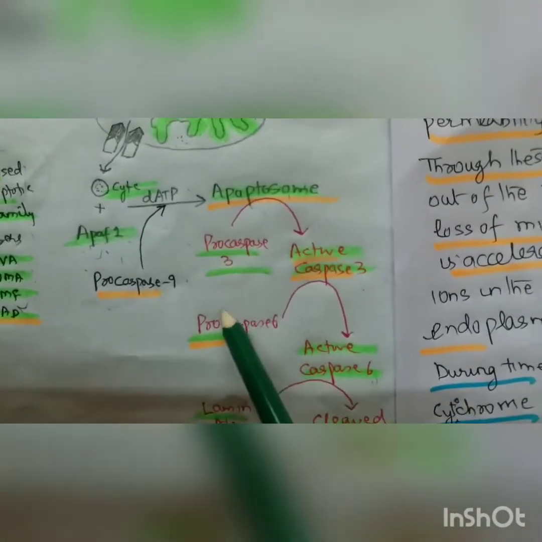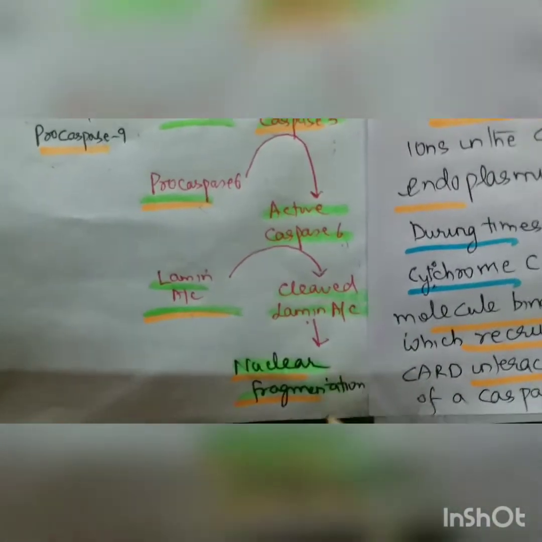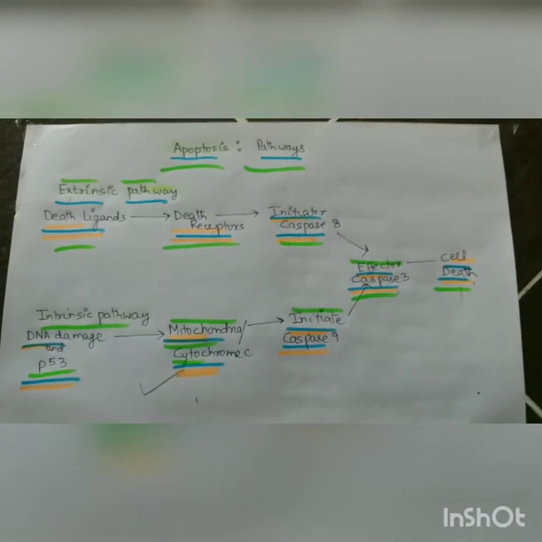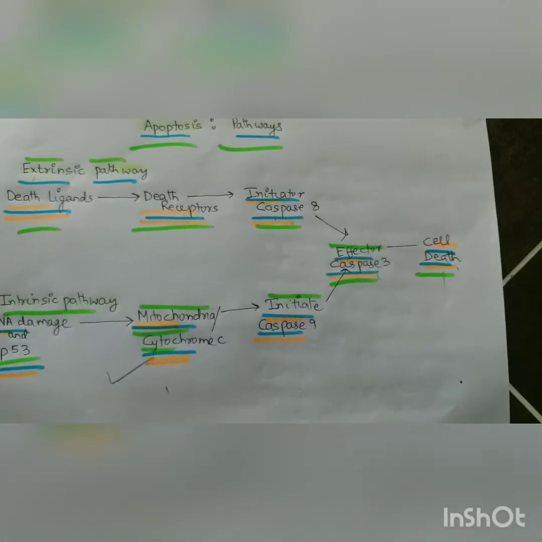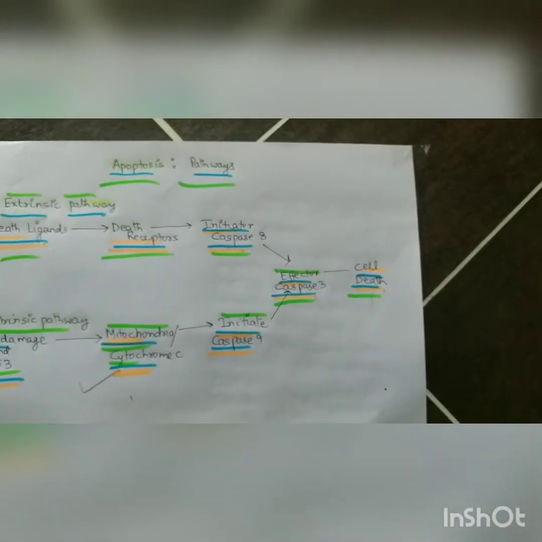And these apoptosomes downstream first change pro-caspase to active caspase 9, then caspase 3, and then caspase 6, which cleaves lamin to cause nuclear fragmentation. Right? So these are basically the pathways, extrinsic and intrinsic, we did in detail.